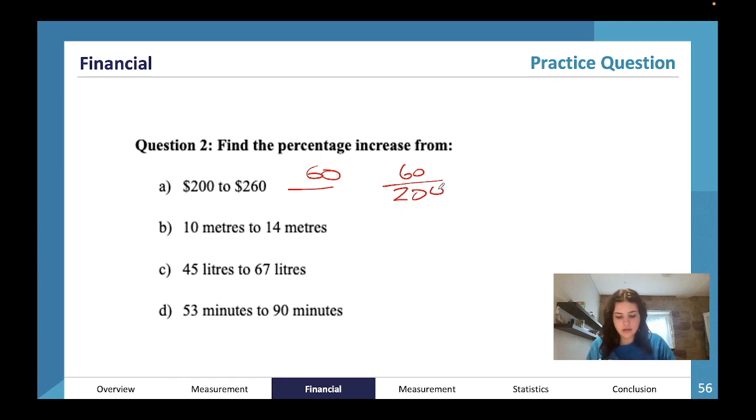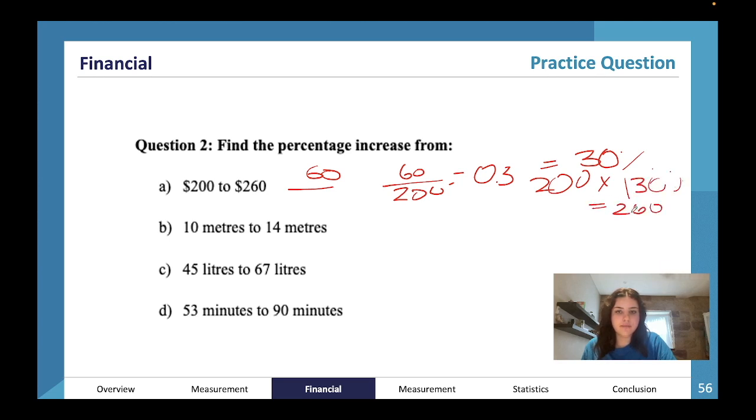So 60 over 200 gives us 0.3, which means it was a 30% increase. Now we can test this by doing 200 times 130%, which gives us 260. Next one, the difference there is 4 meters. 4 over 10 is going to give us 40%. So our percentage increase was 40%.